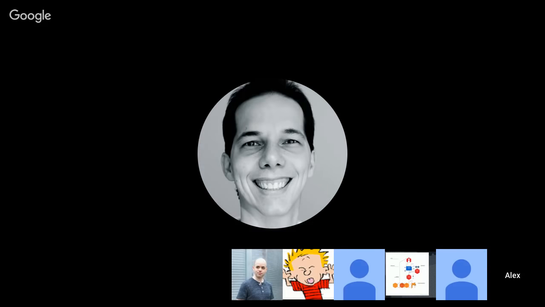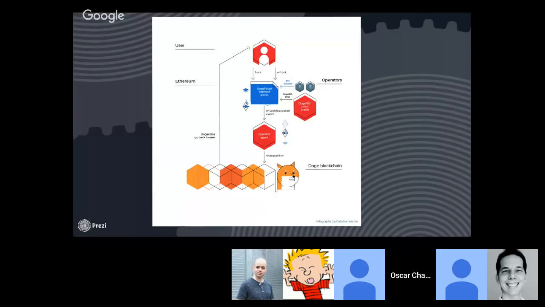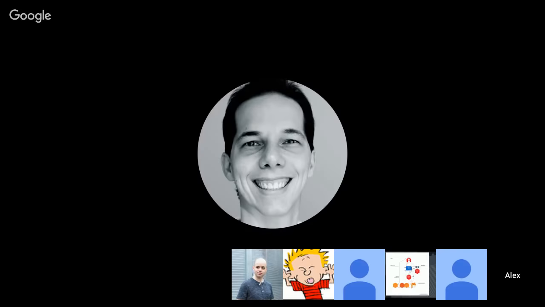I want to expand on the question on what happened with the Dodge on the side. So when you answered Piper, basically the answer was that if the Dodge moves, then there's a slashing condition. My question is, is the slashing condition if any Dodge moves at all, or is there some sort of thing where you're constantly comparing how many Dodge they have on their account versus how many Dodge they have bonded on the Ethereum token side?